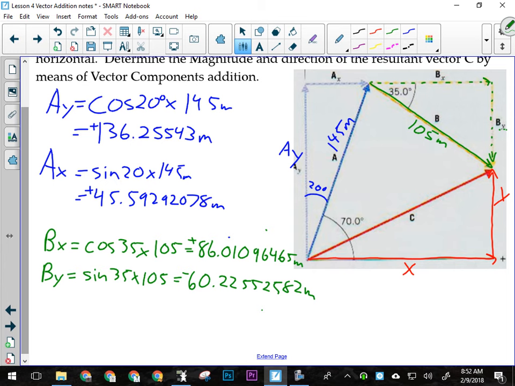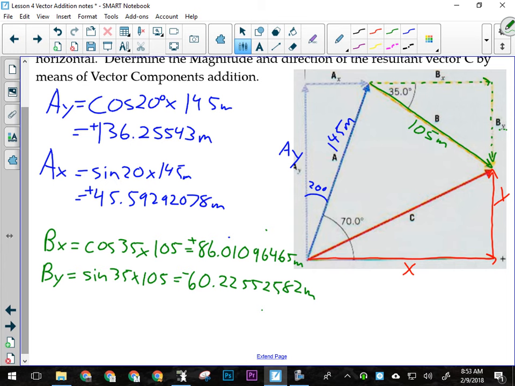So I have all of the x's and all of the y's now. So what do I do with the two x's? I add them up, because AX plus BX is going to equal the entire horizontal displacement during this question. And that'll be the x side of my vector C here.